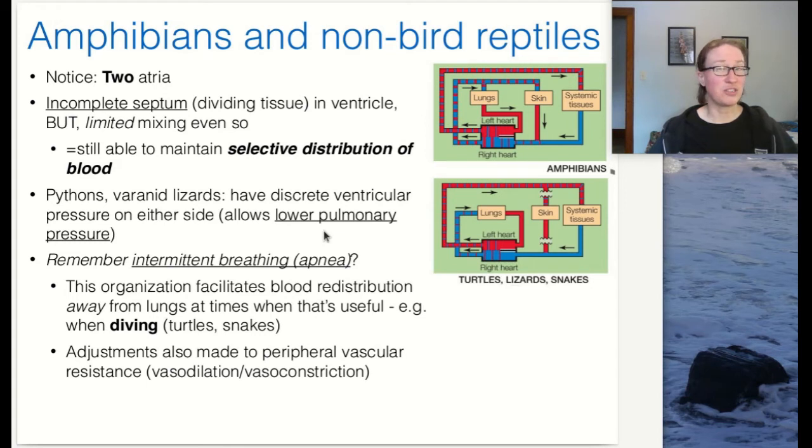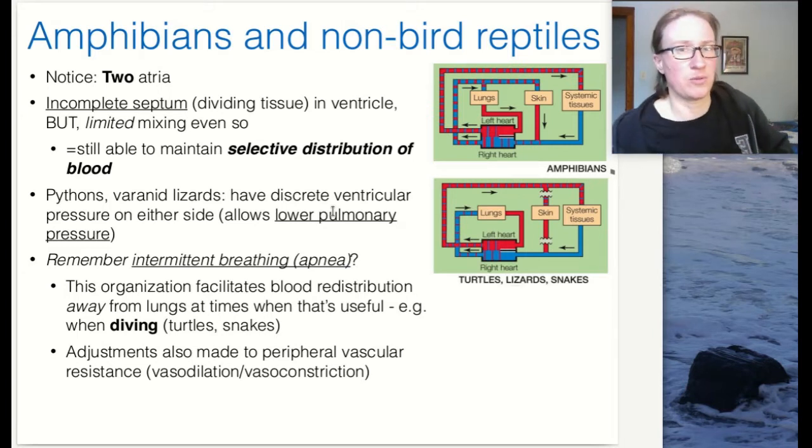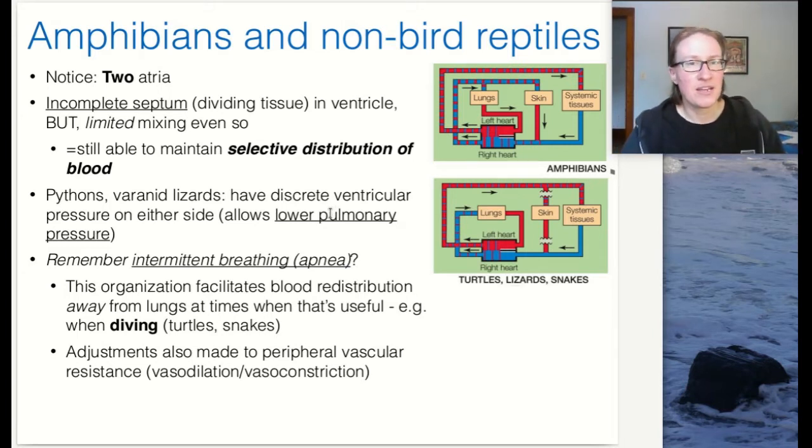Okay, so now that you've been thinking about how these groups of animals breathe, let's take a look at how their circulatory architecture differs from what we've seen for the other animal groups we've examined so far. So up top on the right-hand side of this slide, I've got an image from your textbook that illustrates the architecture for the amphibians.